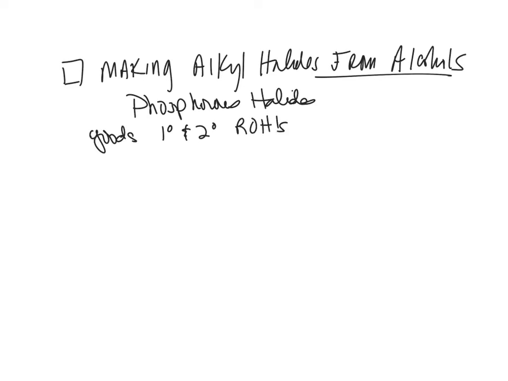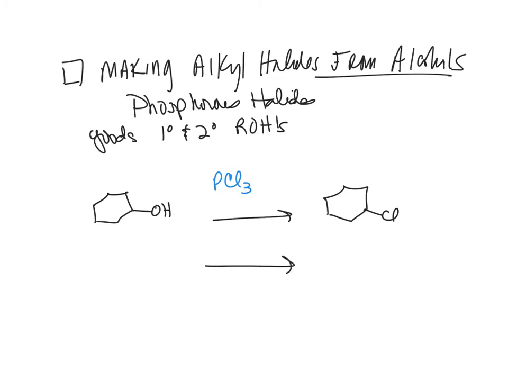Okay, so if you want to make an alkyl chloride, the reagent you want to use is phosphorus trichloride. Okay, or better yet, I'll put it in green, you should use thionyl chloride. This is called thionyl chloride. Okay, so this is for primary and secondary alkyl chlorides.